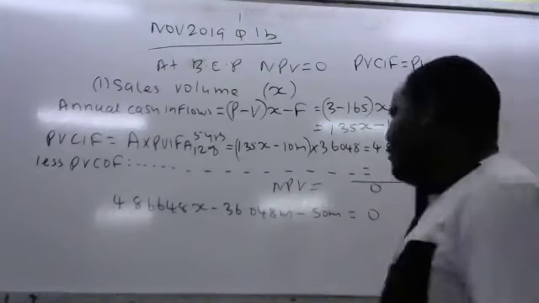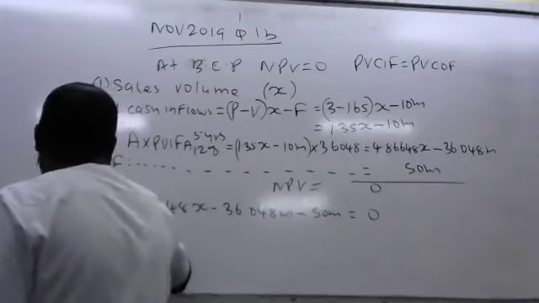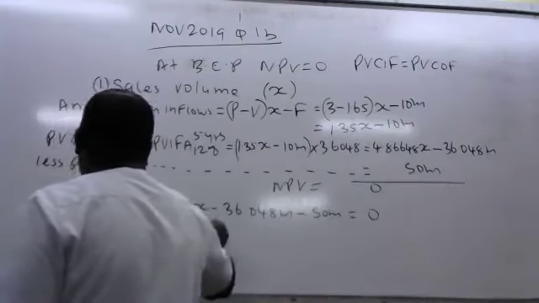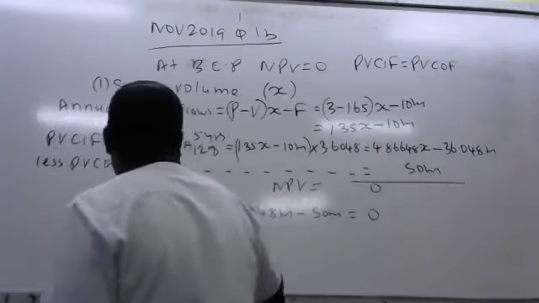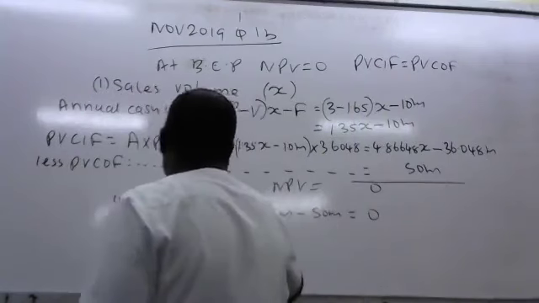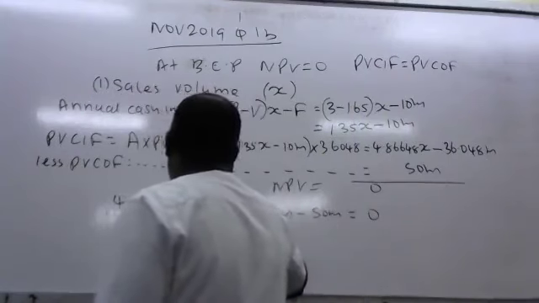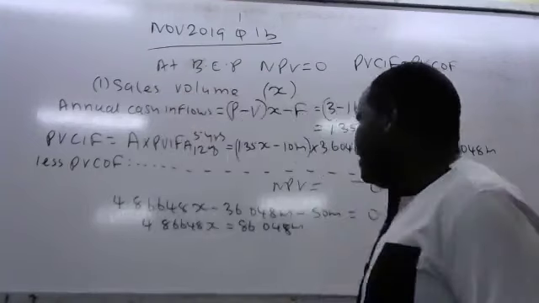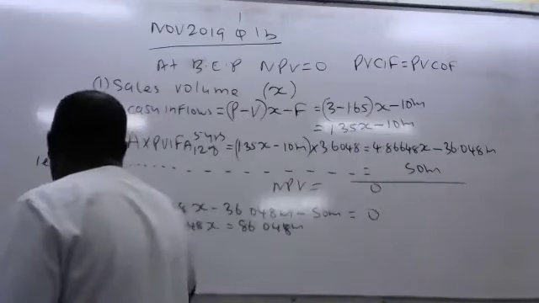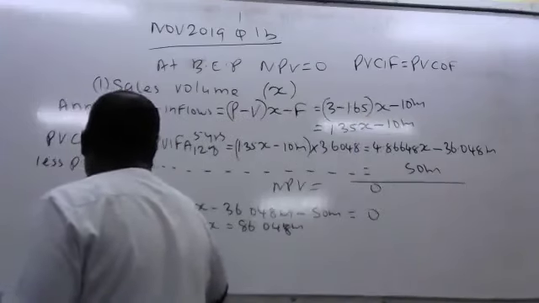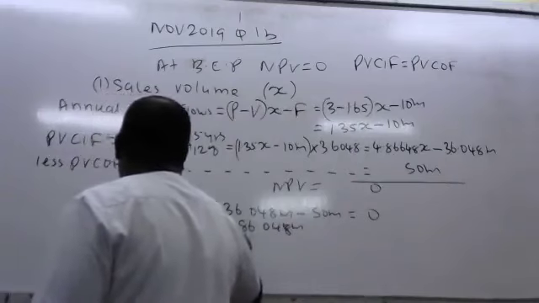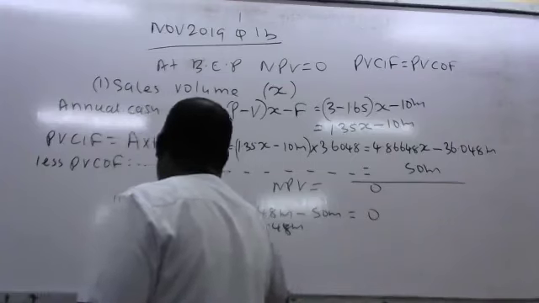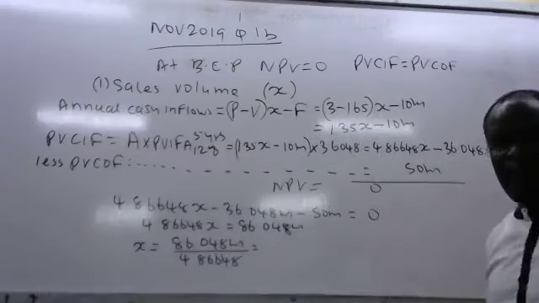So 4.86648X should be equal to this one; they go to the other side to become positive. It will be 86.048 million. So you make X the subject, where you get 86.048 divided by 4.86648, so that you get the value for X.